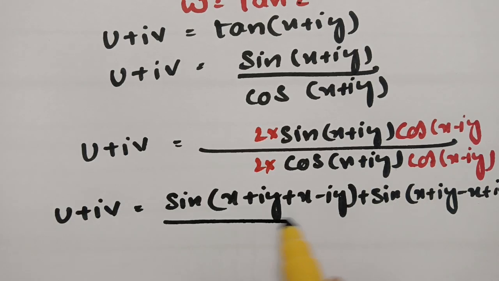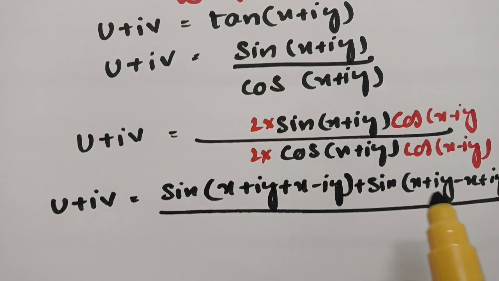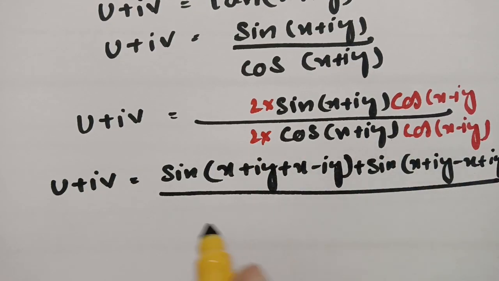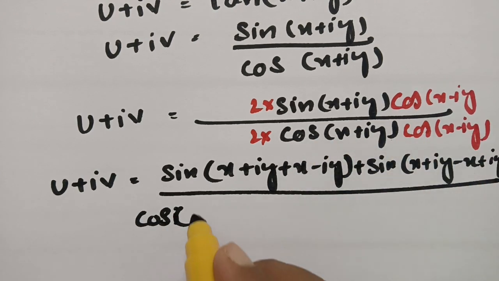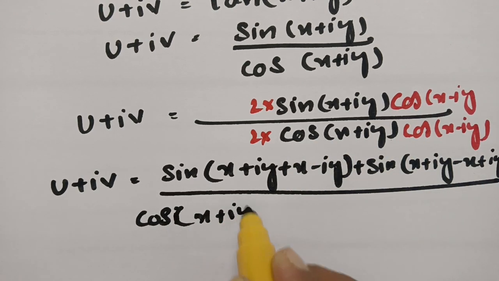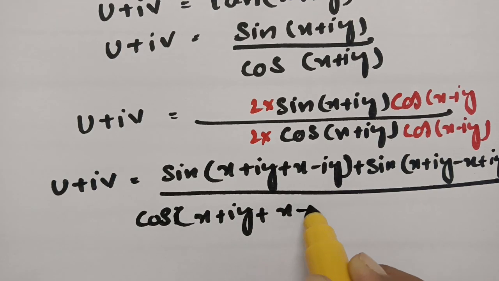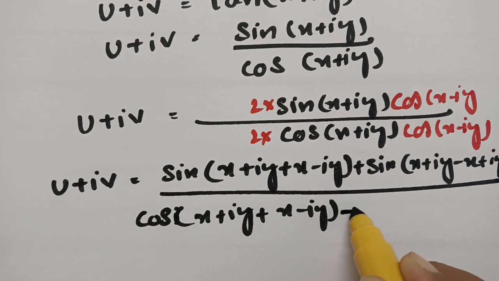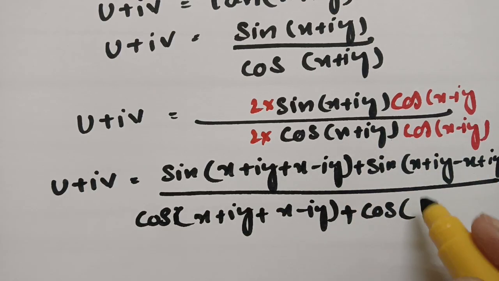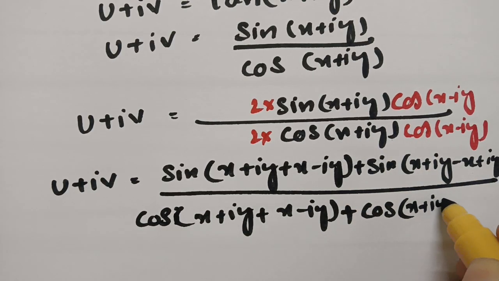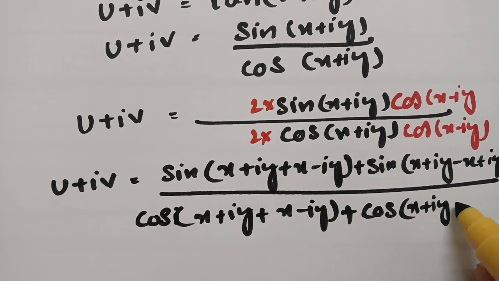This is divided by 2 cos C cos D, whose value is nothing but cos of C plus D, that is X plus iY plus X minus iY, plus cos of C minus D, that is X plus iY minus X, plus iY.